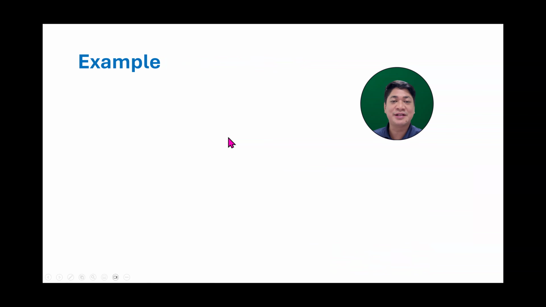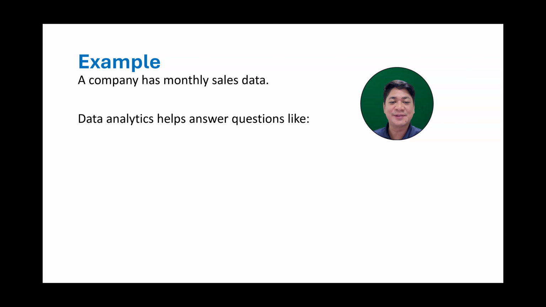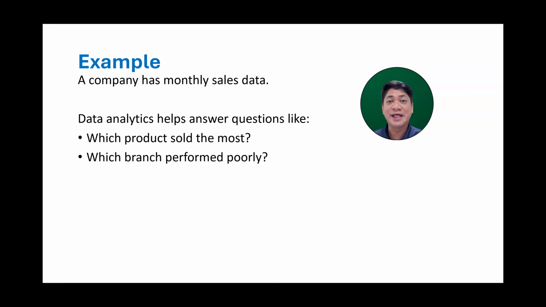Now, what are some examples of data analytics? For example, in your workplace, let's say the company has monthly sales data. With data analytics, you can help answer questions like what product is being sold the most. If you know that, then you can invest more in marketing this product or find out why the other products are not being sold or not gaining higher revenue. With data analytics, you can also find which branches perform poorly in your operation so that you can address those branches.